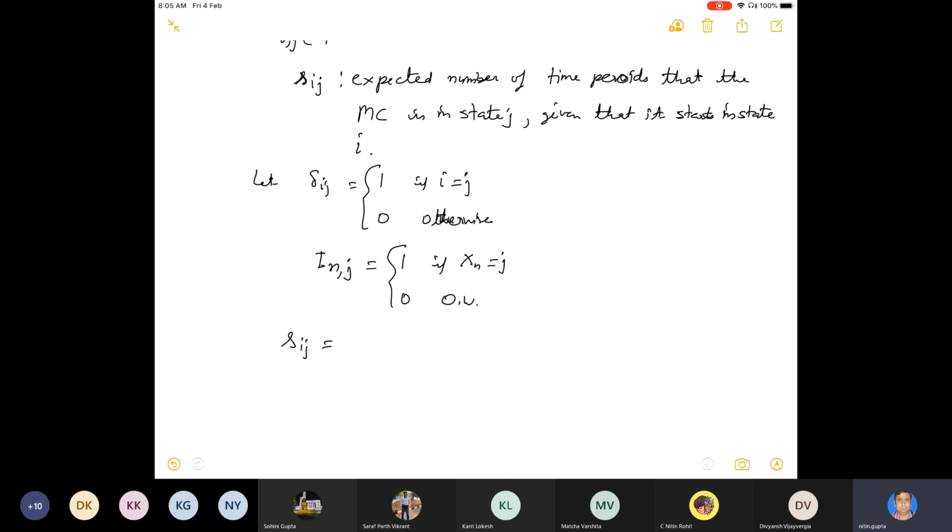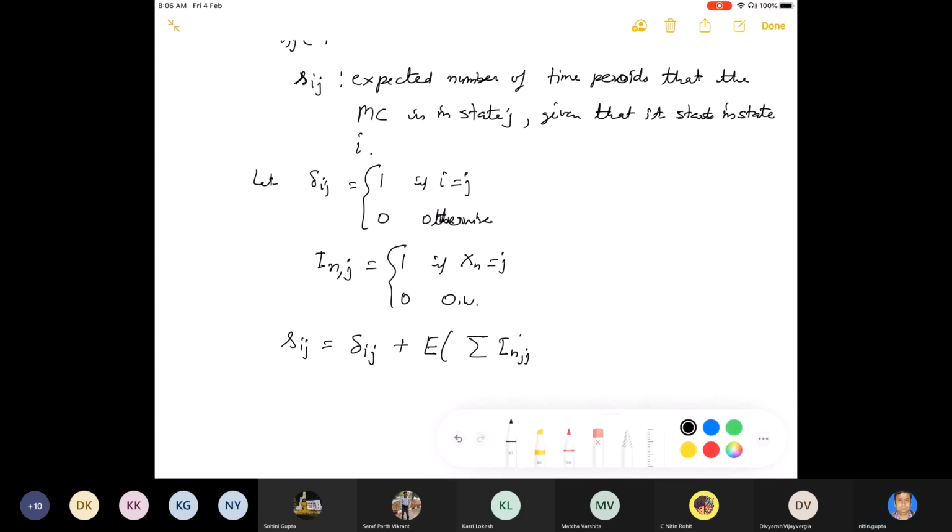So this will be 1 if i is equal to j, and 0 if i is not equal to j, plus the expected number of time periods, plus basically how many times we are in state j, n is 1 to infinity, given that we start in state i.